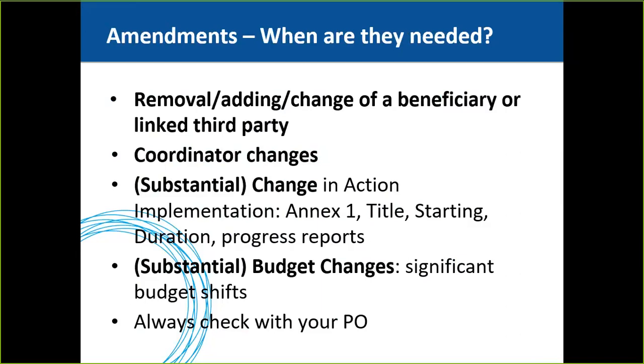And also, if there are substantial budget changes. For small budget changes, budget shifts, you don't need an amendment, but for substantial budget changes, you will. You have to always check with your project officer if you will need an amendment.